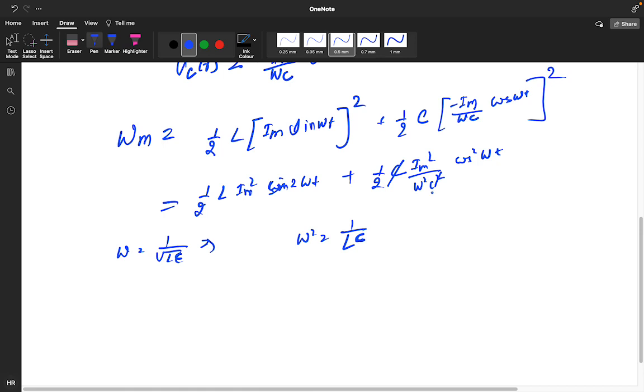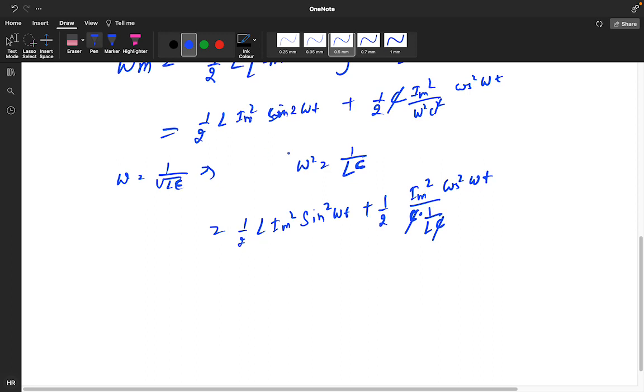So you are getting half L Im square sine square omega t plus half Im square cos square omega t, and this is C into 1 by LC, so it will get cancelled out.